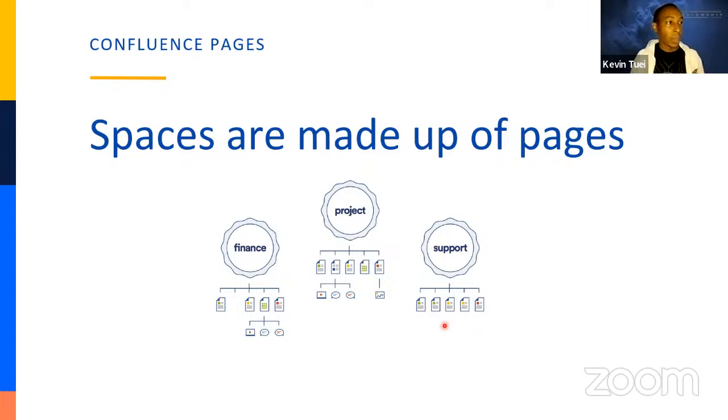But if it's a project, it may be having different things. It may be having a track, or for example, an effort estimation, how the tasks have been assigned to different members.